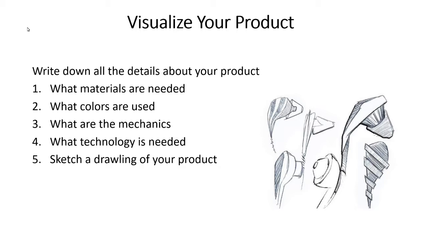What technologies are needed to make your product do whatever it does. And finally, sketch a drawing of your product. So rough sketches are fine. Just getting an idea of how your product's going to look and function is the main part of this step.